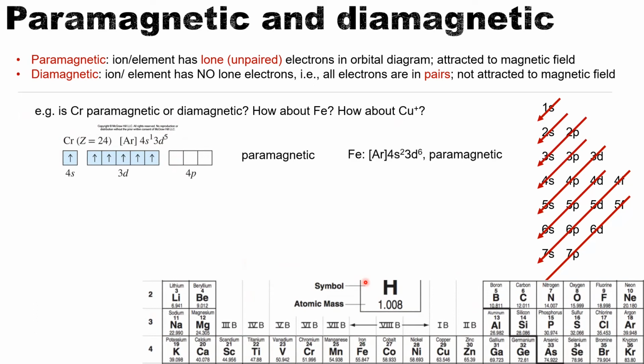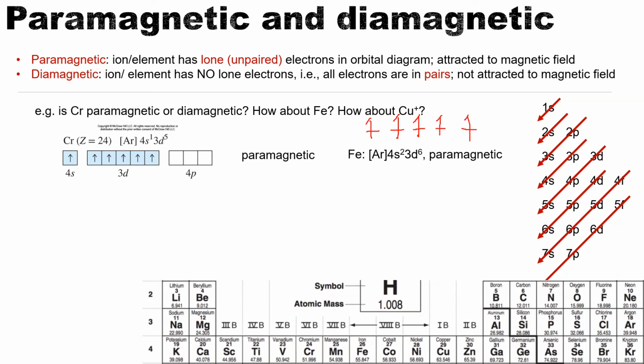Iron has the electron configuration of argon 4s2 3d6. When we have 6 electrons in the d orbital, we have 1, 2, 3, 4, 5 d orbitals. First, we fill all the d orbitals with lone electrons, and we've used up 5 electrons.